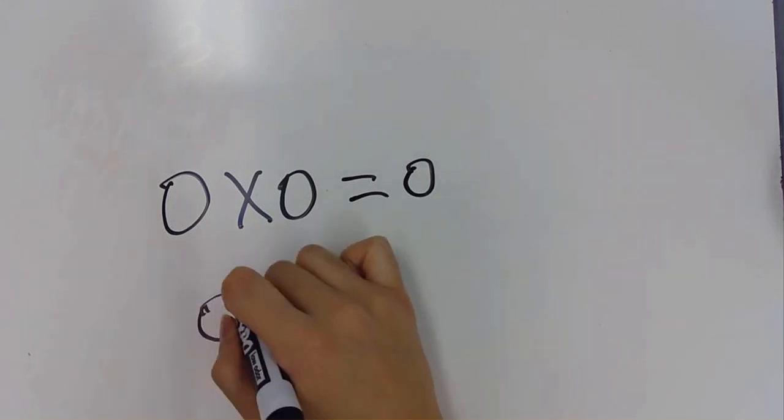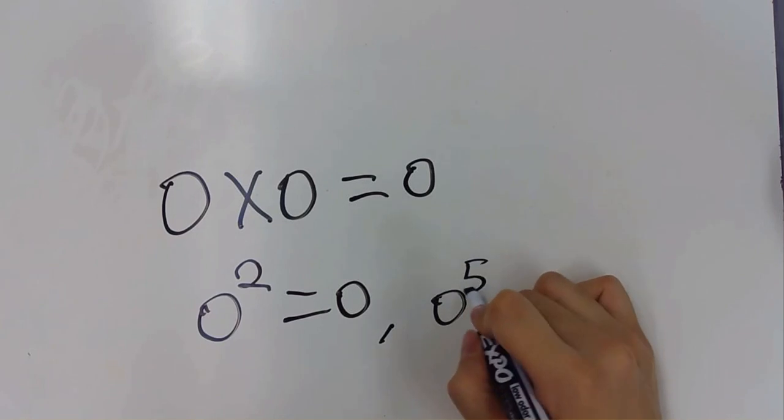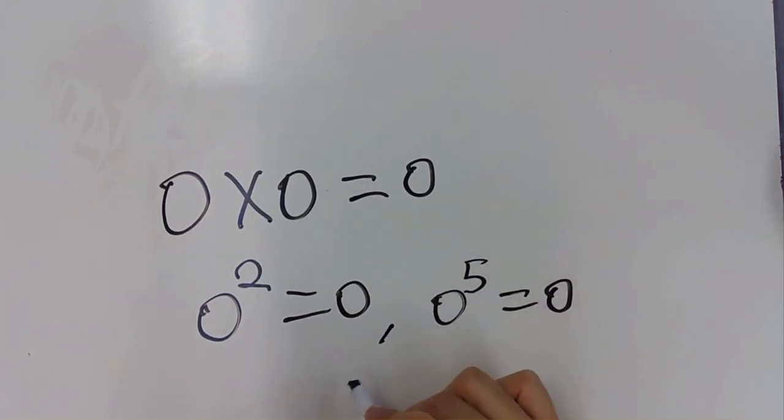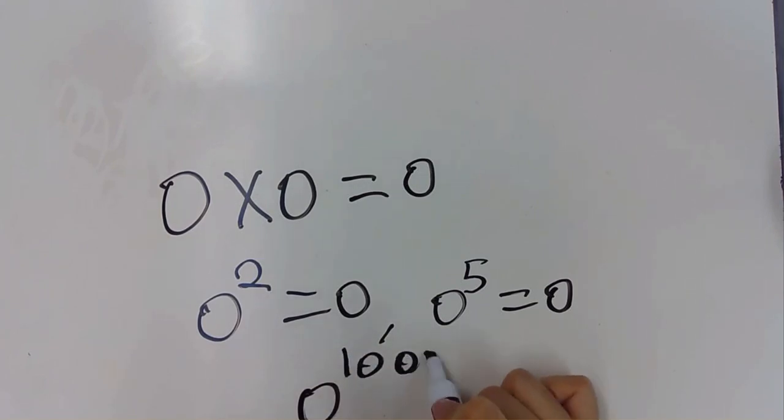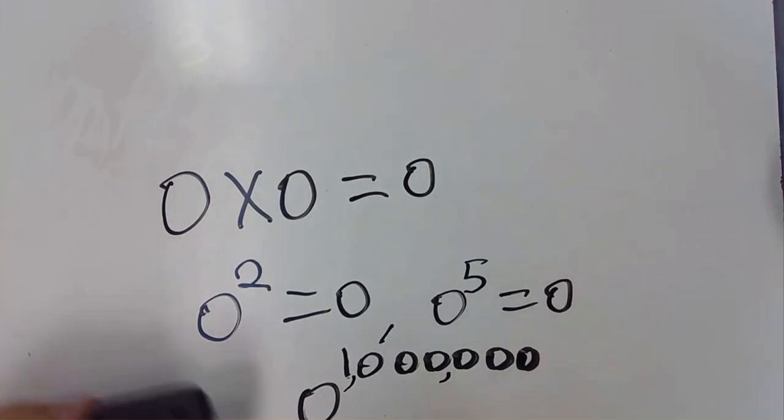So 0 to the power of 2 is 0, and 0 to the power of 5 is also 0, and so is 0 to the power of 1 million. Yep, that is 1 million. So that is exponents of 0.